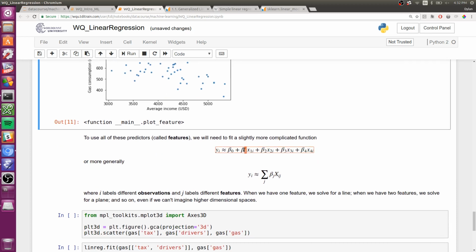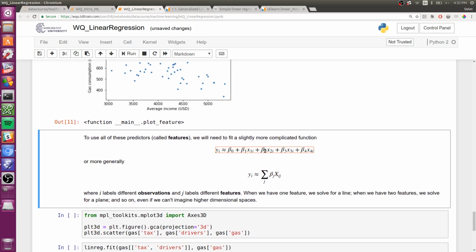And accordingly, we have a slope for each of our explanatory variables. And this is no longer the equation for a line, but the equation of a plane, a flat planar surface. And in 2D, this is truly like a plane, like the surface of a table.